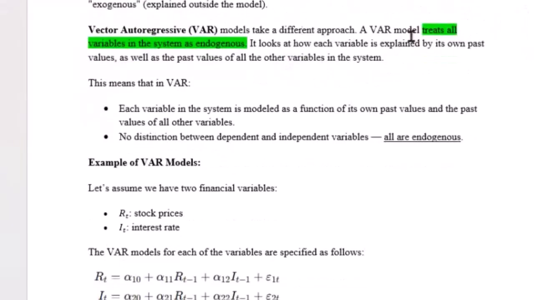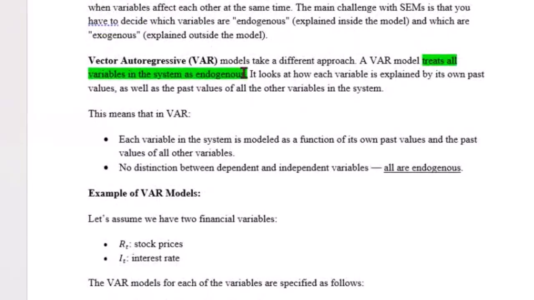For the VAR model, they treat all the variables in the system as endogenous. So now you understand the difference. In our SEM, the problem was endogeneity, the endogenous problem. Now it is like we have multiplied the problem because now we have all the variables as endogenous variables.